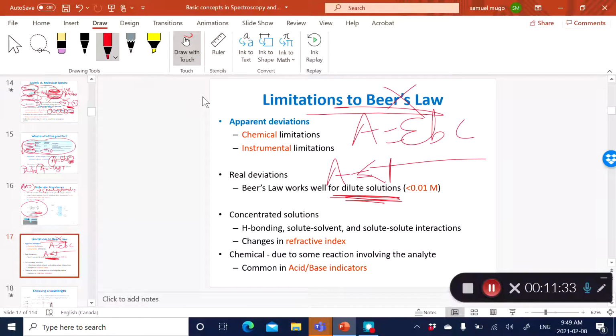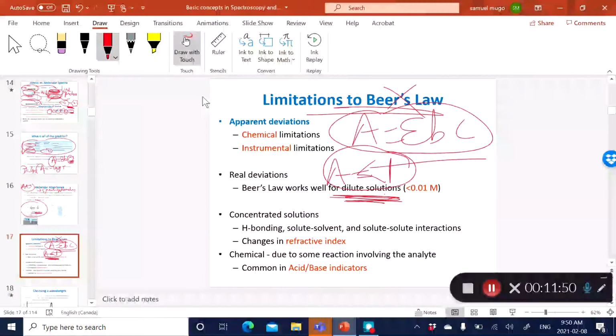All right. So Beer's law, the relationship that is the basis of absorption spectroscopy, only works for very dilute solutions where absorbance is less than 1. And the reason for that is because in very concentrated solutions, you get the molecules interacting with the other molecules, sometimes creating dimers and so on.